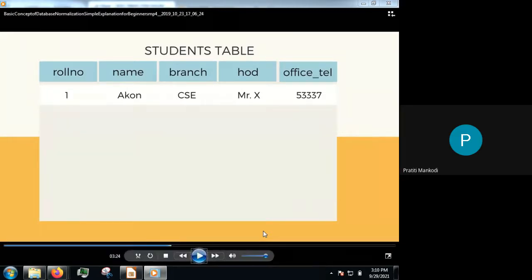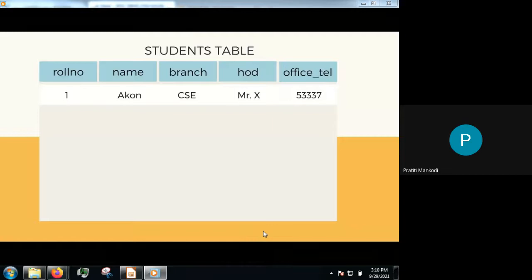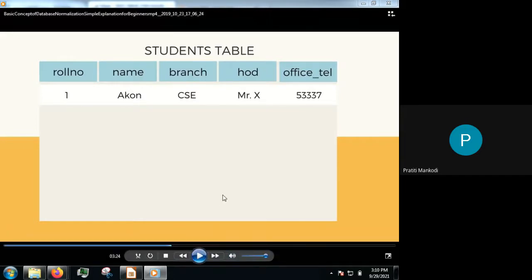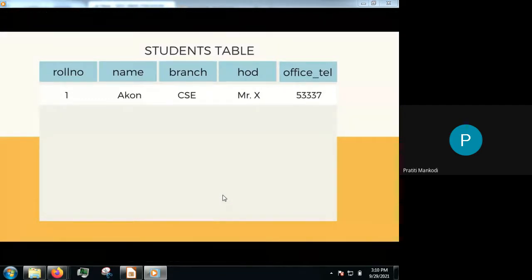If I delete a student, what happens? That branch information also gets deleted, right? When it is one student, I'll be saying my branch is CSE, HOD is X, and this is the number. If I delete all the students, the students are deleted, and along with that the branch information also gets deleted. I do not want to delete the branch information. I want to delete only the CSE students.